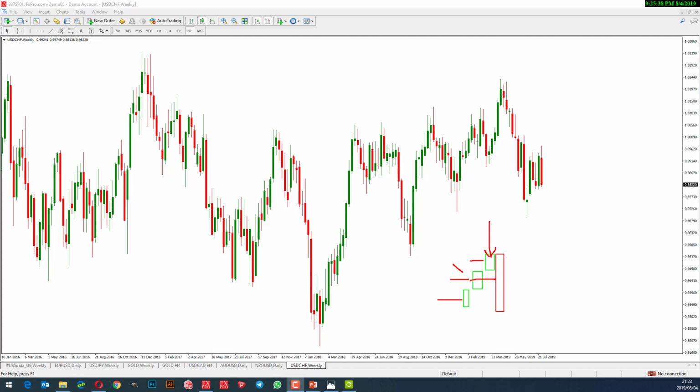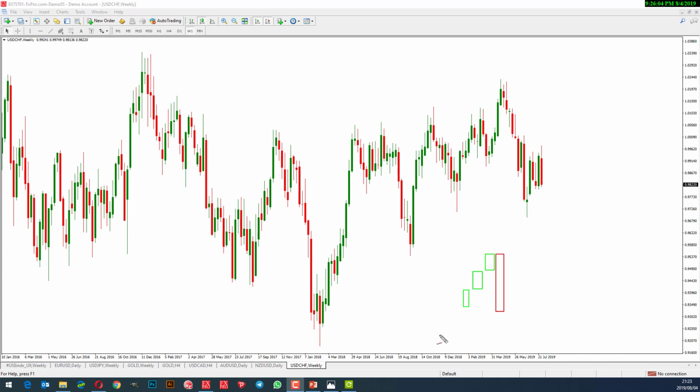You see, take note guys, there's one thing to highlight it theoretically, and then there's another to be able to identify that on a chart. You see, on this chart here, we are on a USD CHF weekly. Let me see if I can get a good example of a bearish engulf.